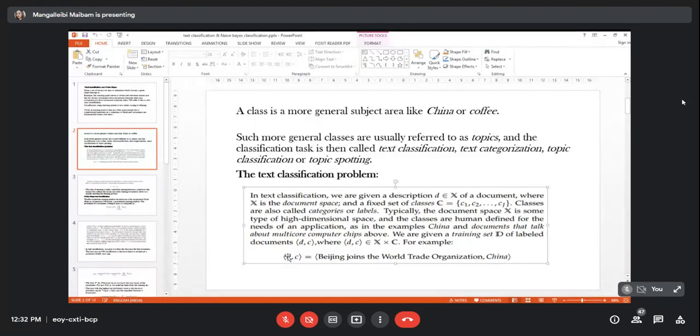So it will be written in the form of the pair D, C, document and class: D stands for document, C stands for China.